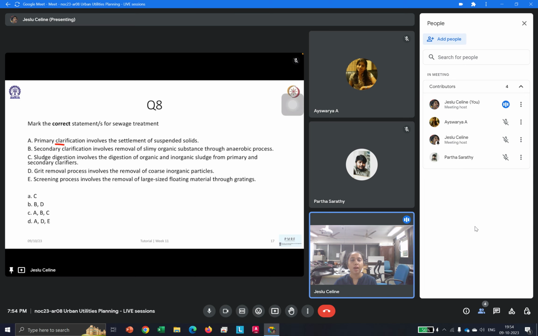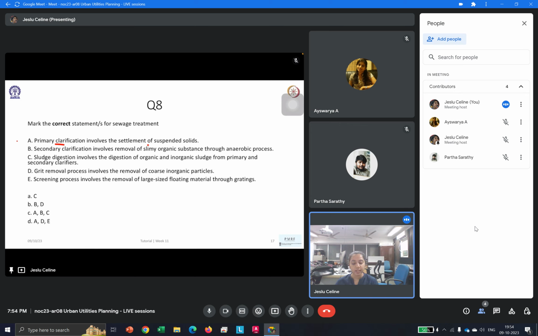If you have some suspended or colloidal impurities which cannot be filtered out easily, you add a clarifier and then you make the particles of suitable size such that it settles down, or you can easily remove it. Either it settles down, so you can take the pure water from the top. So primary clarification involves a settlement of suspended solids. This is a correct statement.